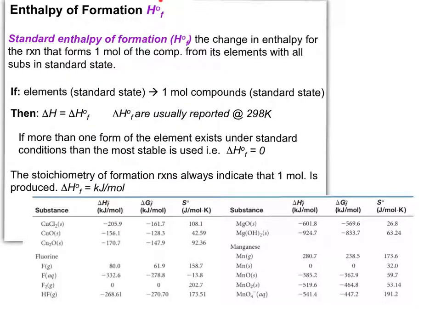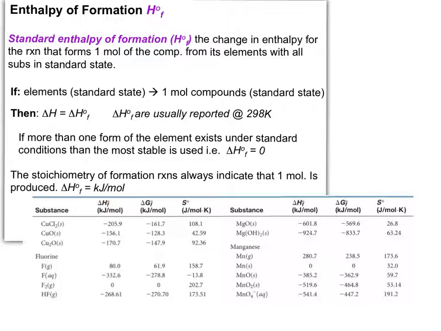So enthalpy of formation is represented by this delta H naught sub F symbol here. Now, standard enthalpy of formation is the change in enthalpy from a reaction that forms 1 mole of a specific compound from its basic elements with all the substances in their standard state. And so what do I mean by standard state?